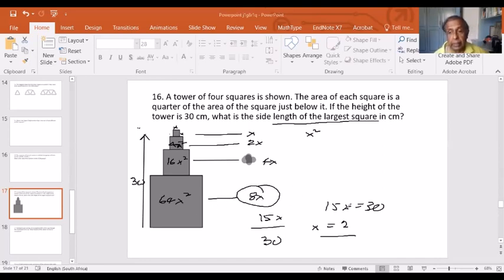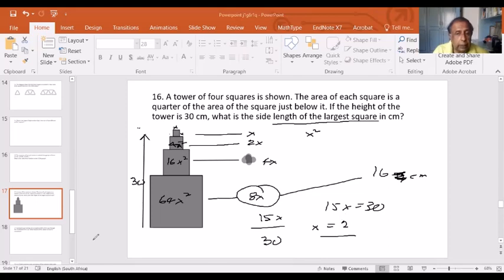We calculated that, and x is equal to 2, so this is 8x, which is 16, 8 times 2, and the units are square centimeter. Now wait a minute, this is the length, so it's just centimeters. Sorry, the area would have been square centimeters. So that's the answer to this question.